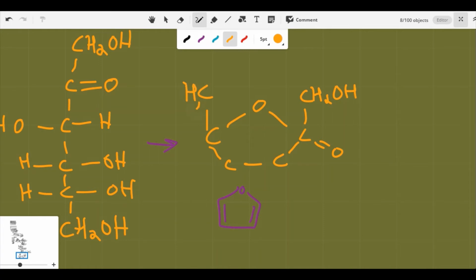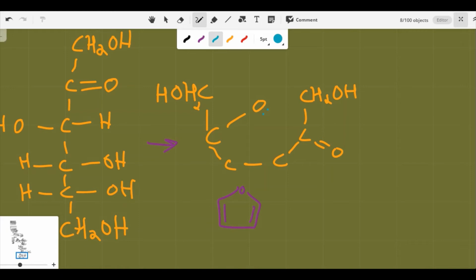Remember the difference between furanose and pyranose structure. Pyranose is a 6-member ring, while furanose is a 5-member ring. So here again, let me show you.